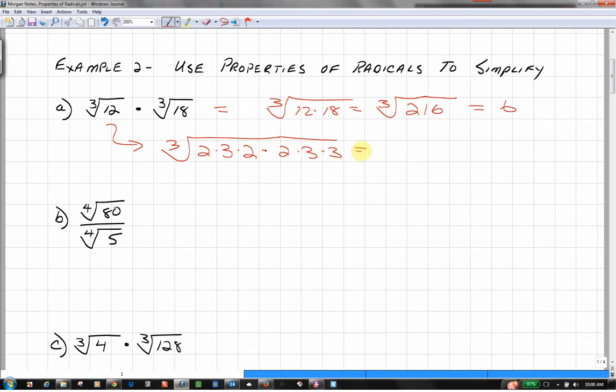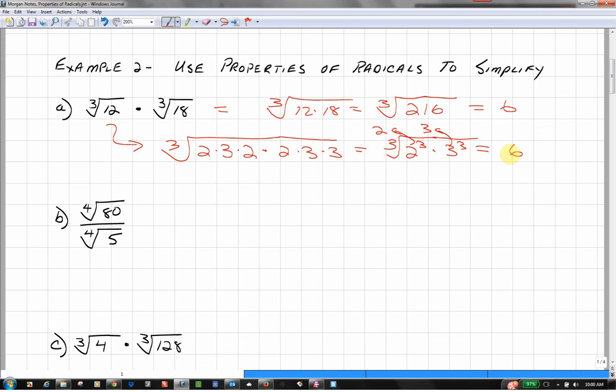Then if we look at that, we've got 3 2's, so that would be 2 cubed times 3 cubed. These are cube roots. And so the cube root of 2 cubed would be 2, the cube root of 3 cubed would be 3, and that would be equal to 6. So you could simplify it out or go with the bigger number like 216.